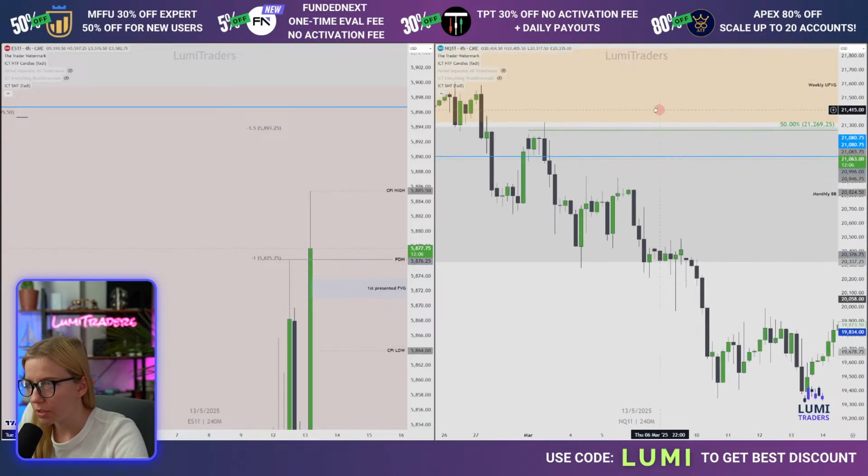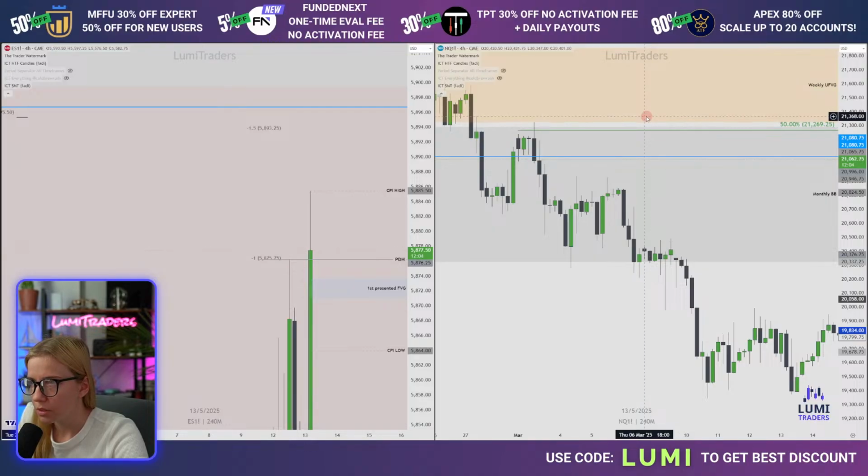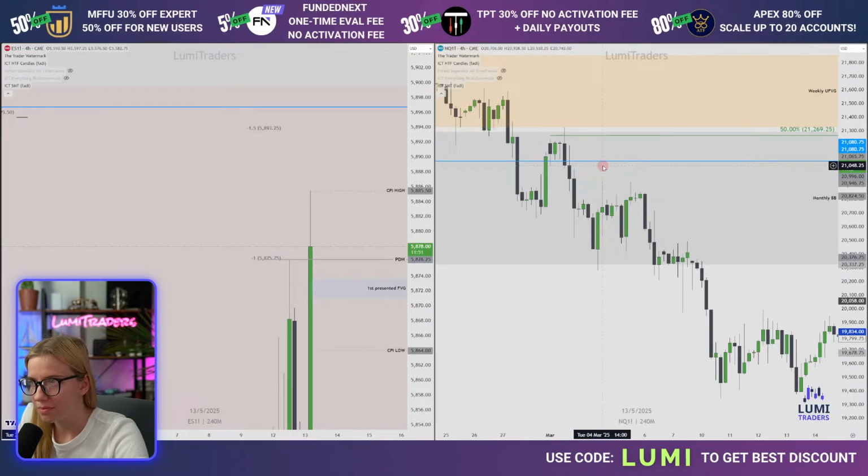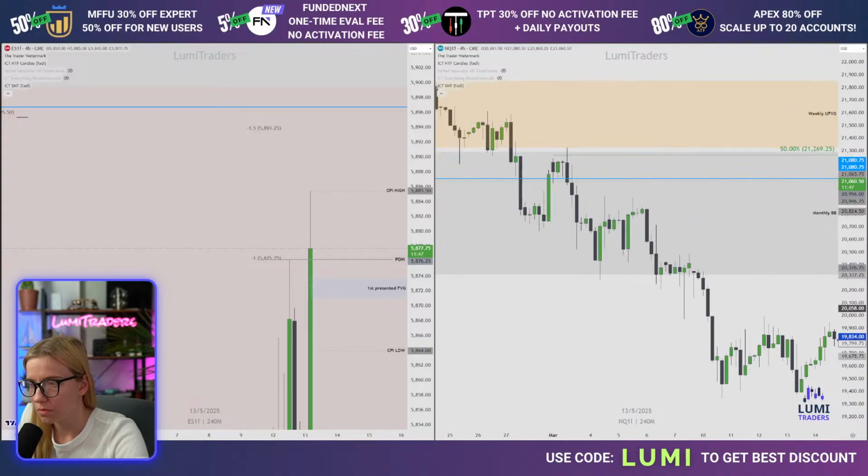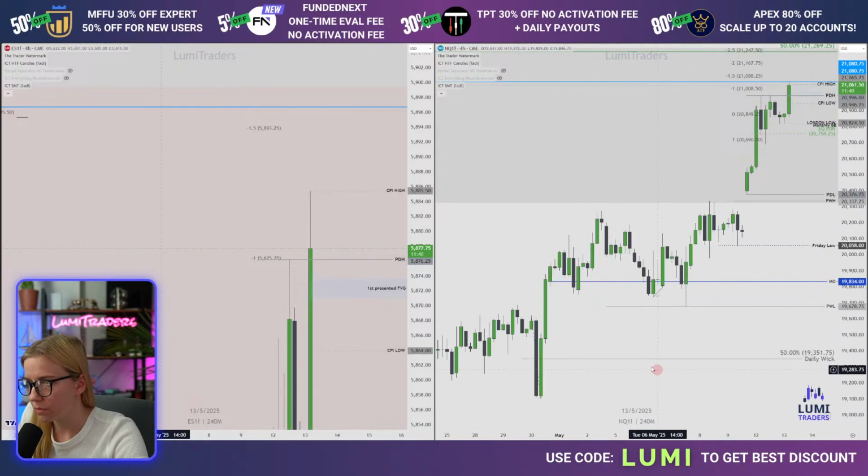We have some fair value gaps right here. I don't really see fair value gaps near 120. Well, maybe I'm blind. I don't really see lots of fair value gaps at the 120 level.